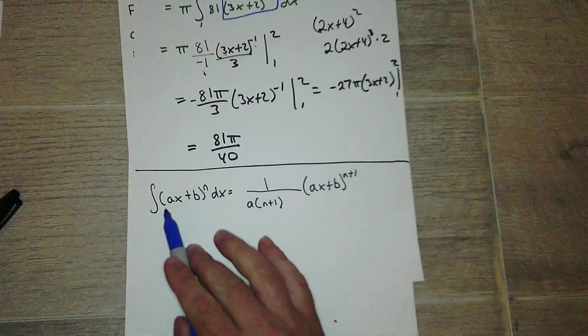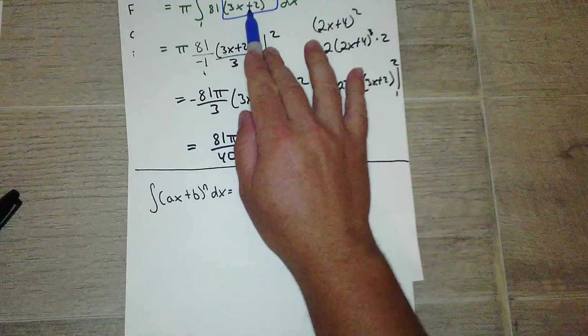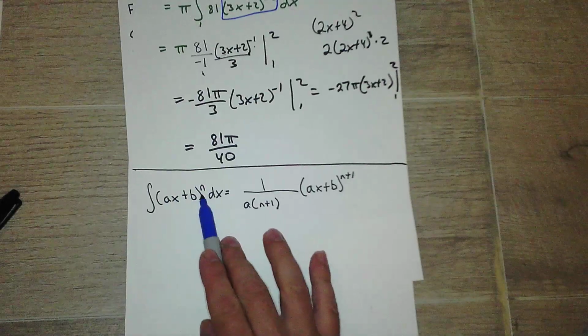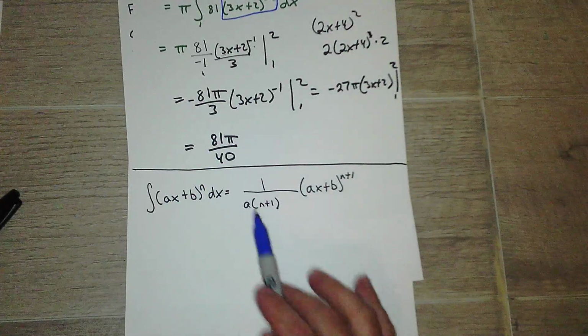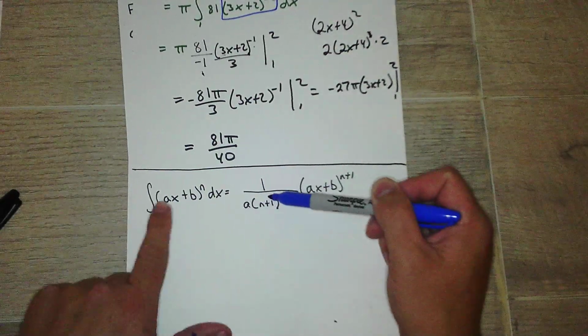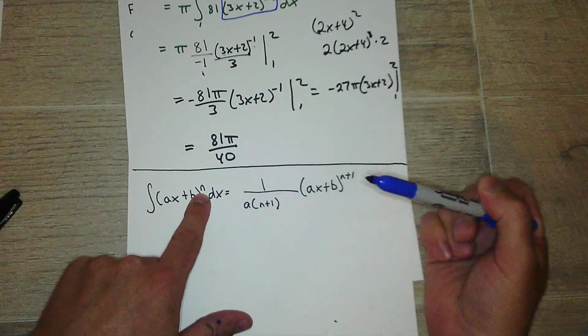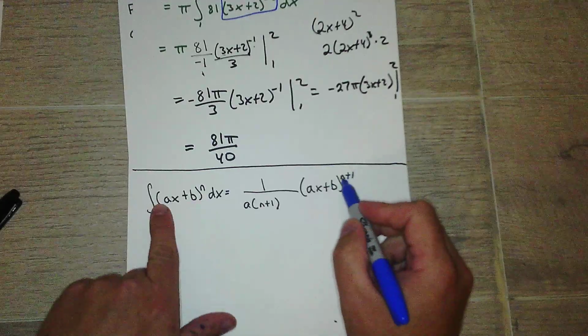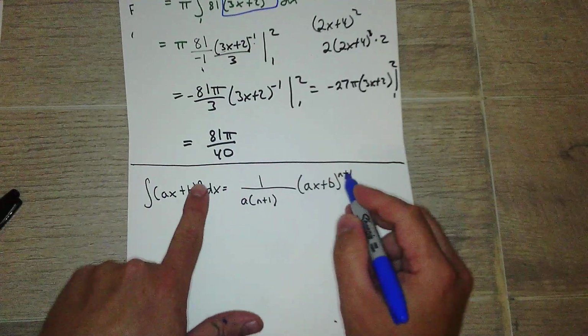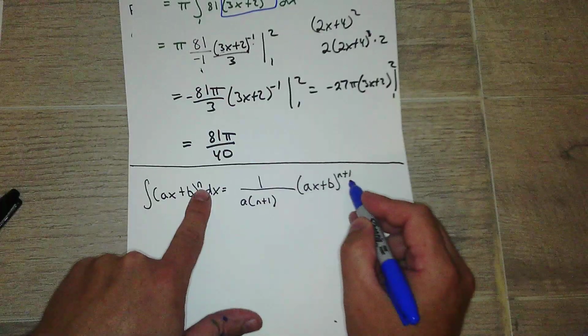So anytime you're integrating something in the ax plus b to the n form, the answer is going to be this. It's 1 over whatever a is, and then whatever you get when you add 1 to n, multiplied by whatever's on the inside, raised to the n plus 1.